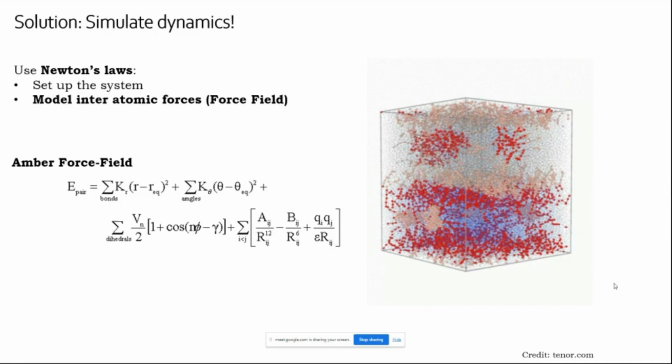We choose a model. We have to make sure that it makes sense. We have to validate our approach. But once it is done, and this has more or less been validated a long time back, so there is nothing new in it, we use any of the standard force fields. Basically a force field tells us what are the different forces that act. There are forces that act because of electric charges.